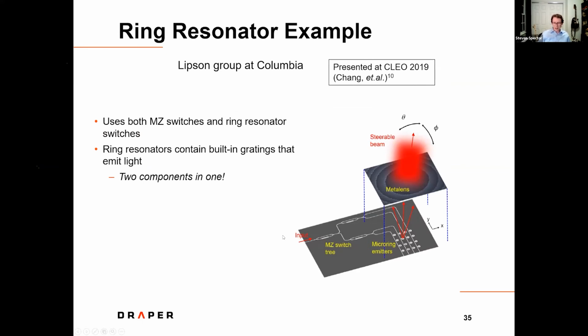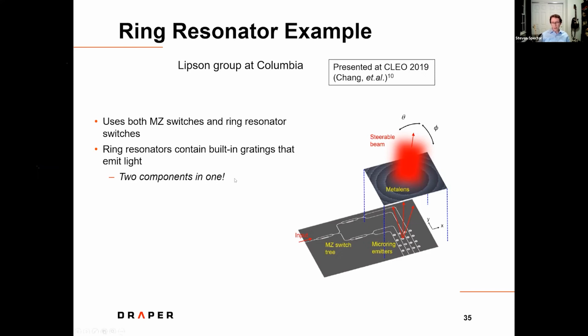They did another thing here, which is pretty interesting, in that the ring resonators are actually two devices in one. They built gratings into the ring resonators themselves, which is pretty clever. And so now you have a device that not only selects the light, but it emits it at the same time. And this will be a theme we'll return to later.